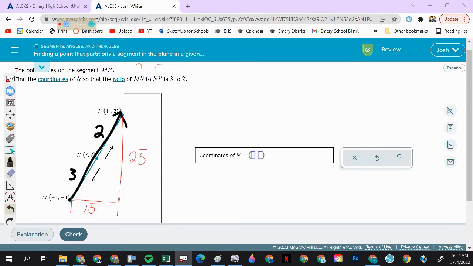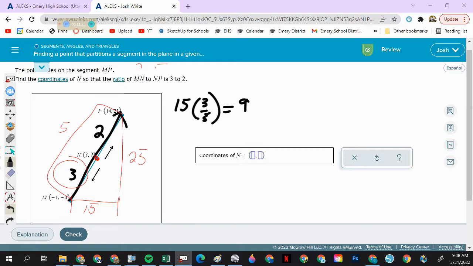How much of that movement am I going to actually use if I want to create point N? I'm going to use 3 out of 5, 3/5. So N is 3/5 of the distance from M to P. So I take 15 times it by 3/5. 15 divided by 5 is 3. 3 times 3 is 9.